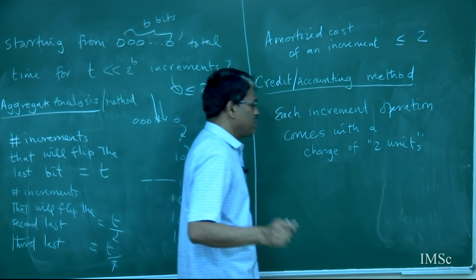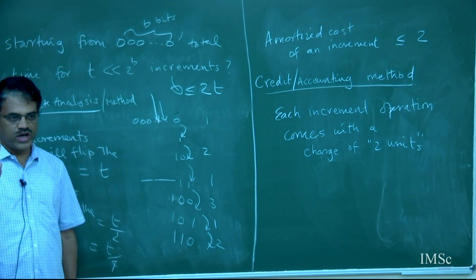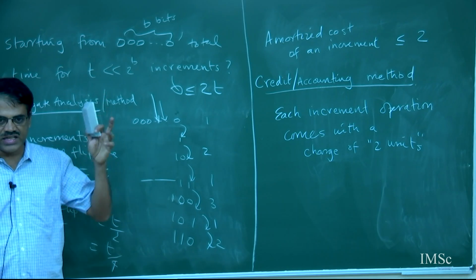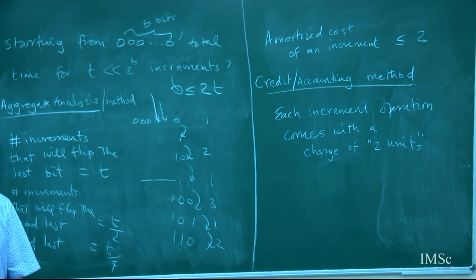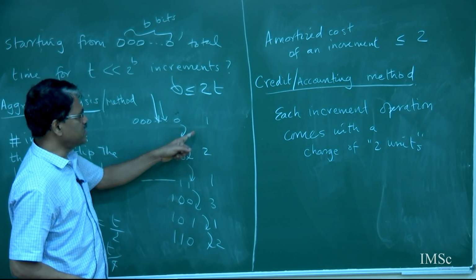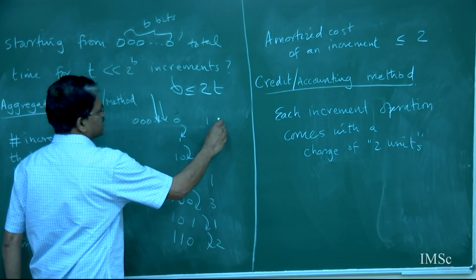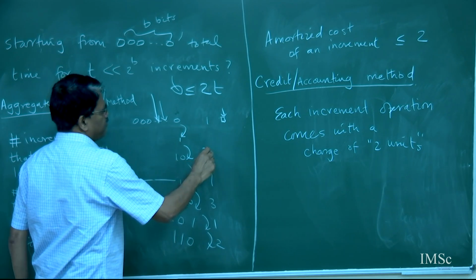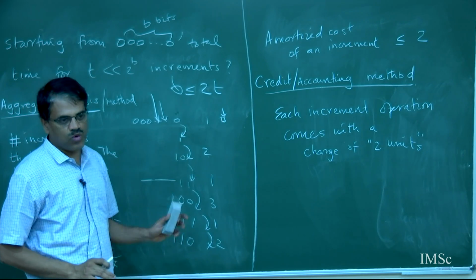So each increment operation I'm going to give 2 units, and if I can satisfy this condition that whenever you need more, there is always something in the data structure. If I can manage to satisfy that and argue that that's possible, then the average cost is 2, right? So in the first operation, it's actually using only 1. So the extra 1 will be put in the data structure. This comes with 2 and it uses the 2. So there is an extra 1 still there.